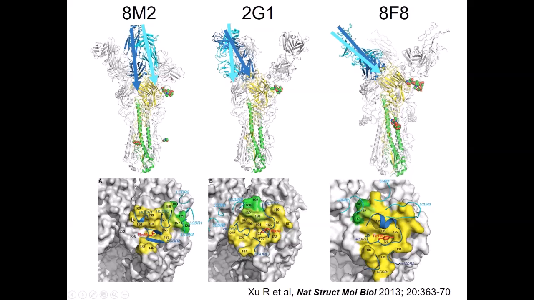And then if you look at the antibody footprint or epitope on the bottom of each of these, shown in yellow, you see that the general antigenic site is very similar.